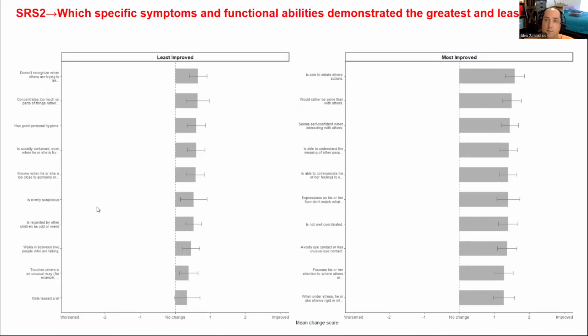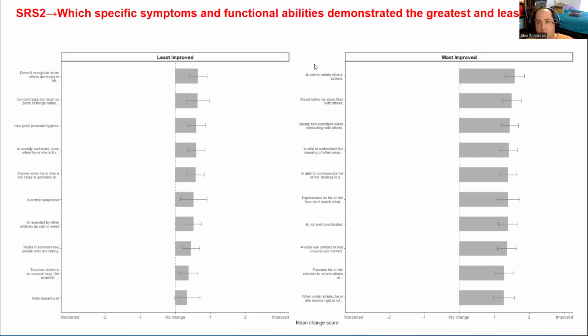Which specific symptoms and functional abilities demonstrated the greatest and least change? So here we're looking at this kind of dichotomy on the SRS2 section, and no longer looking at ATEC, between the worst improved metrics, the metrics that improve the least, and the metrics that improve the most.